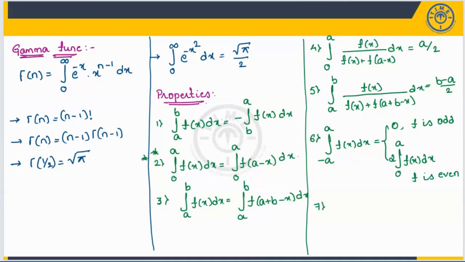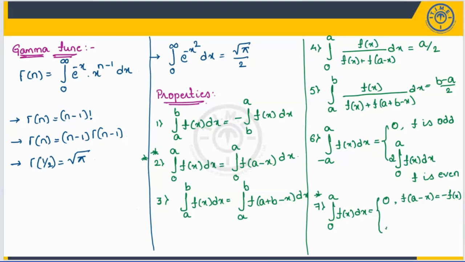And all these 1, 2, 3, 4, 5, and 6, you can recognize by looking at the limits or by looking at the function. But the seventh property is a bit difficult to identify. What it says is integral from 0 to a f of x dx is equal to 0 if f of a minus x is equal to minus f of x.